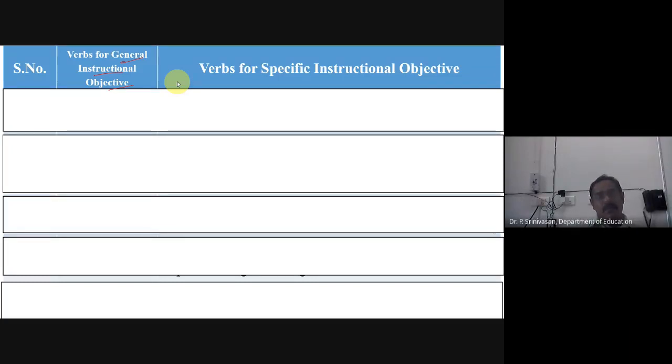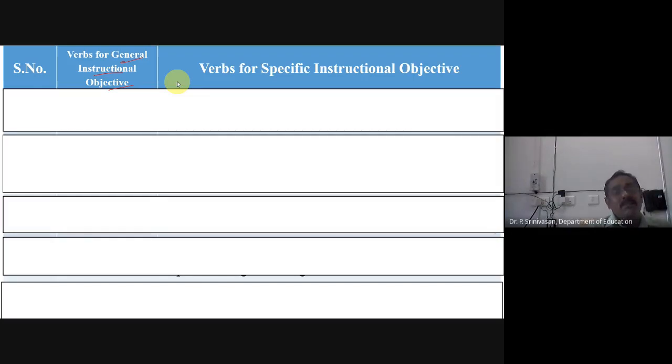Instruction is what we provide to the students. What I am doing now to you is instruction, as you will be doing to your own students. For doing the instruction, you will have some objective, which we call instructional objectives. These are the things my students will learn.